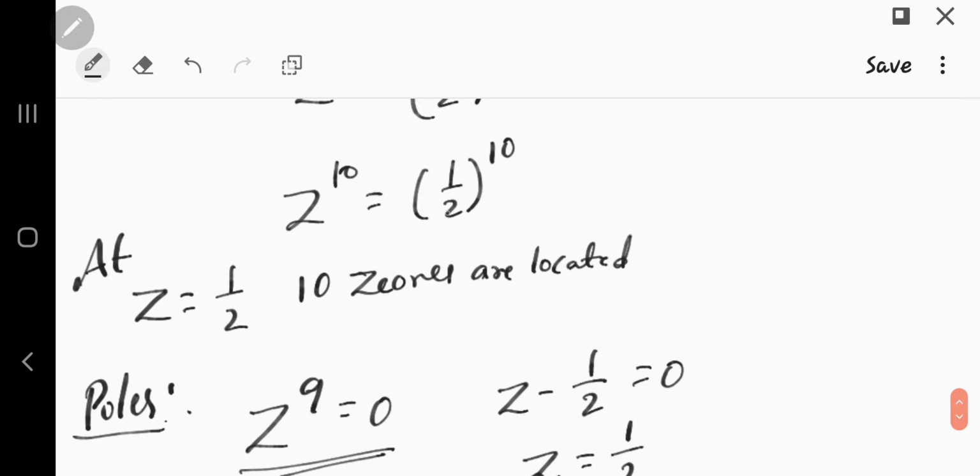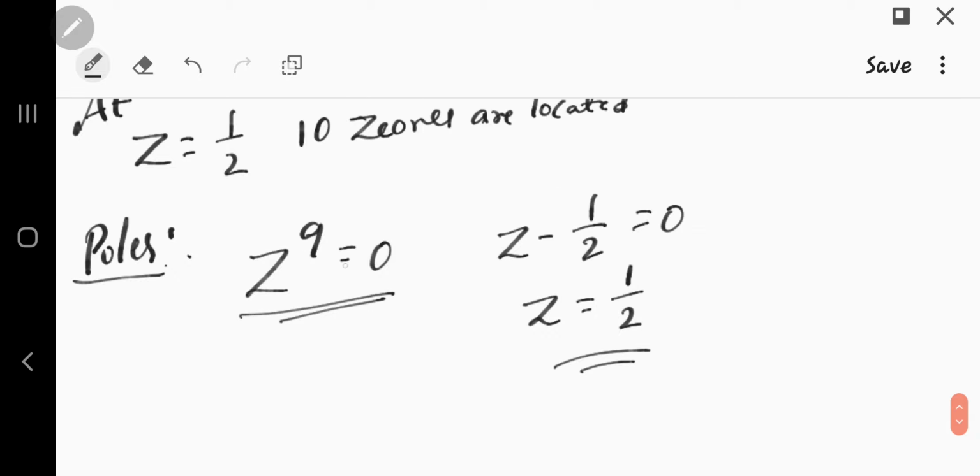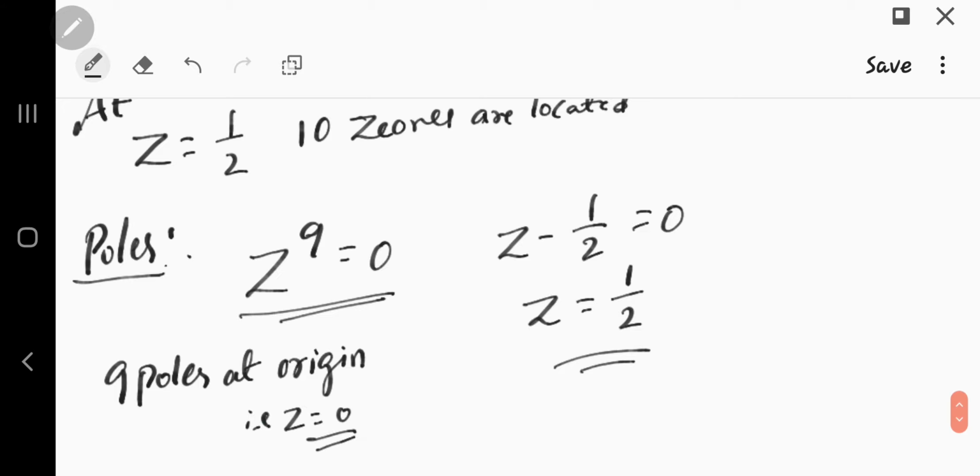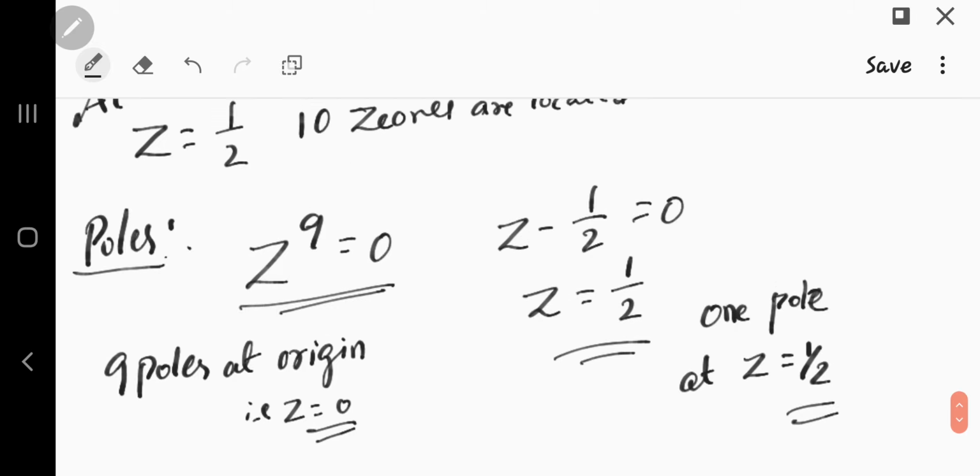But here, z to the power of 10 is equal to 1 by 2 to the power of 10, which means at 10 different places exactly at a distance of 1 by 2 from the origin we have 10 different zeros. This one, z to the power of 9 is equal to 0, means we have 9 poles at the origin, that is at z is equal to 0, and we have one pole at z is equal to 1 by 2. So this is the meaning here.